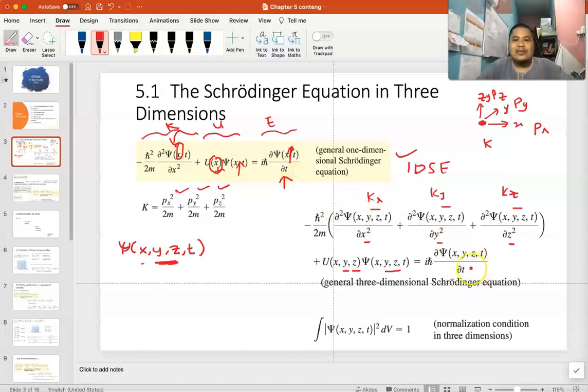Alright, so this is called the general 3-dimension Schrödinger equation. We just need to extend a little bit from our previous chapter to include another 2 dimensions, which are y and z.